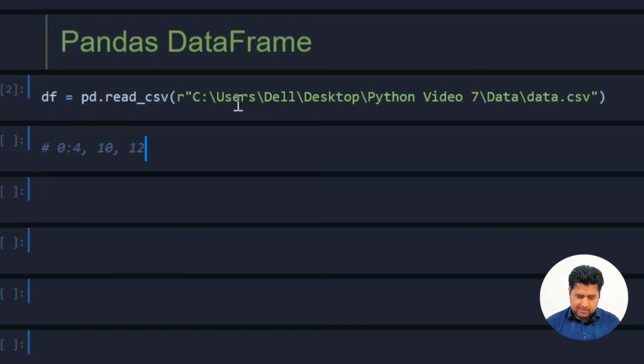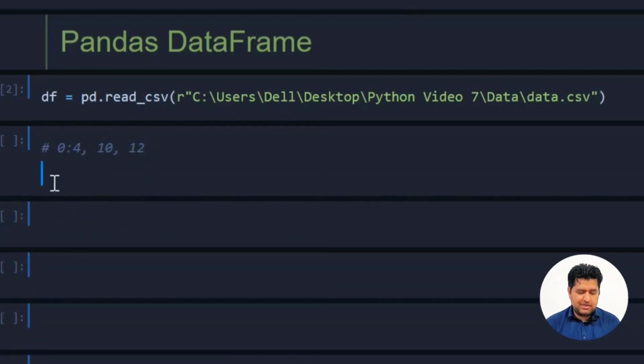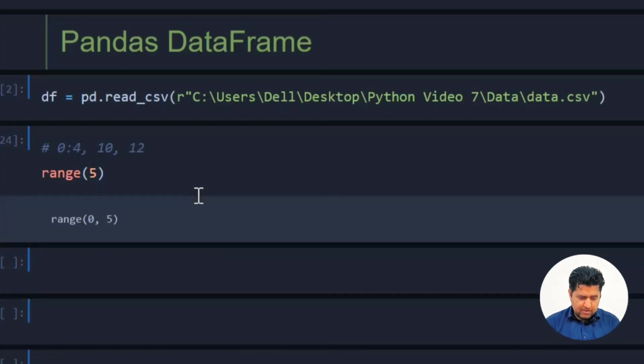Let's do it here. For example, first of all, we need to prepare a list of these rows. Like I can say, give me a range of values 0 to 5. If I press shift enter, it will give us a range 0 to 5. If I convert this to list, it will give me this list. Now we already have this list, which is defined by this list and range functions.